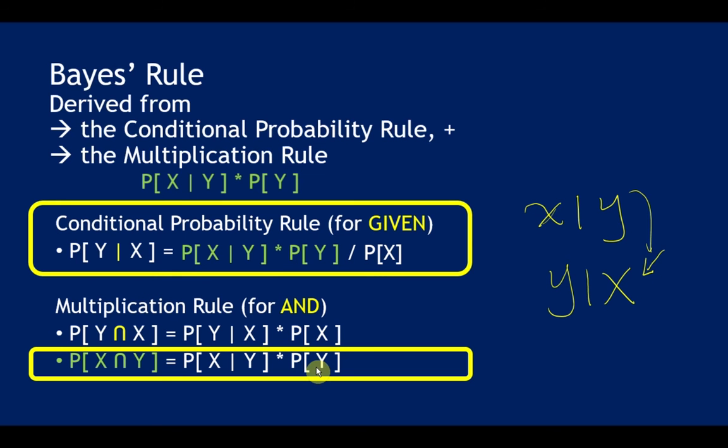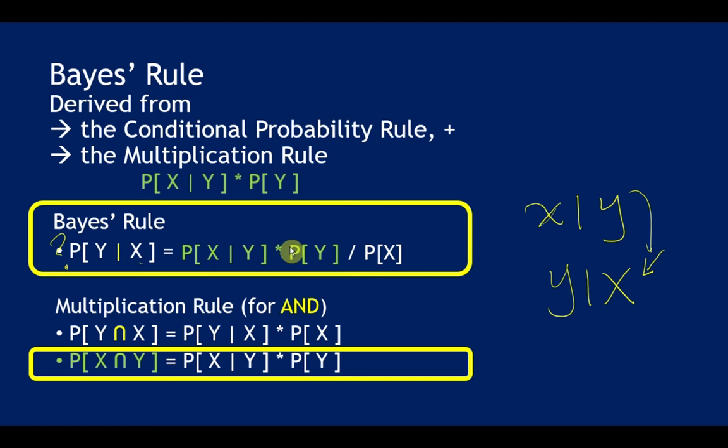So the Bayes rule is basically derived from combining the conditional probability rule with the multiplication rule. So here is our new Bayes rule. So we can calculate the conditional probability of y given x. If this is unknown, then we can calculate it from the probability of x given y.